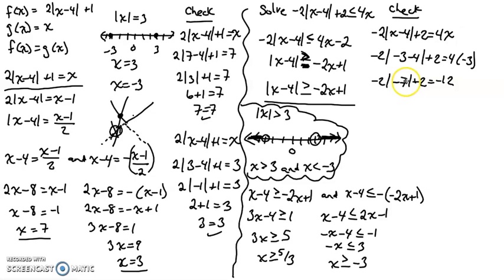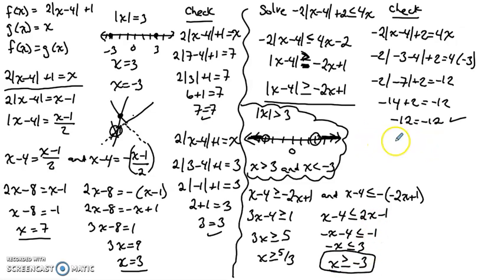The absolute value of negative 7 is 7. 7 times negative 2 is negative 14, plus 2 equals negative 12. So we get negative 12 equals negative 12.